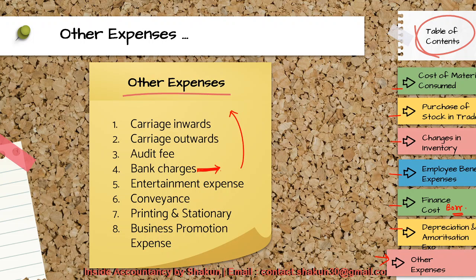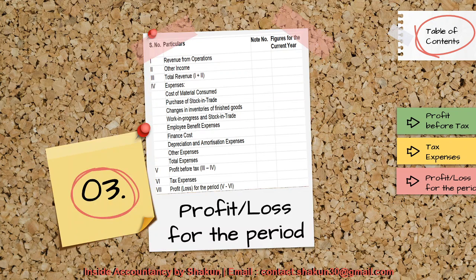So after we find out all these expenses, we find out their total, and the total of all these expenses gives us total expenses. So we have found out how we can calculate the total revenue, and we have also found out how we can calculate the total expenses. Now let's have a look at the format once again. This was the format which I showed you.